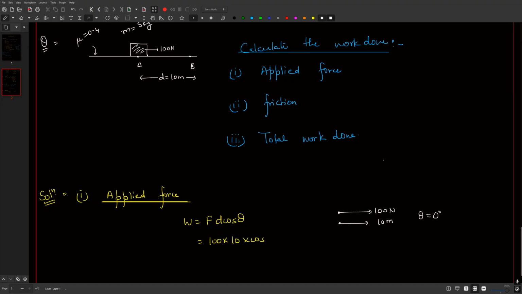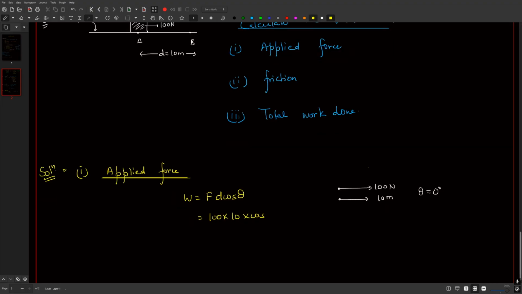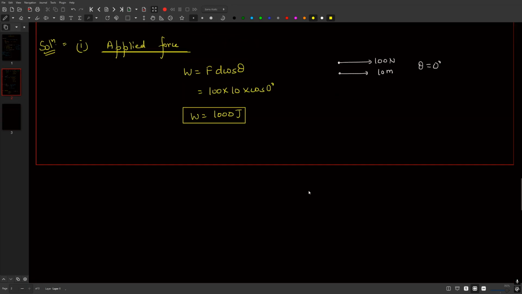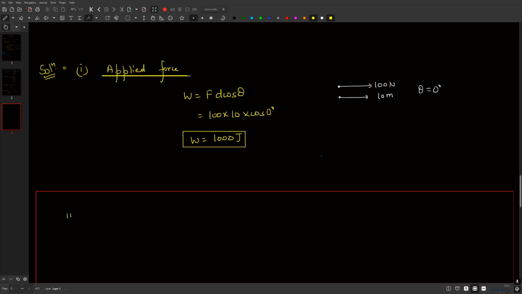So theta in this case is 0 degrees. So work done is going to be 1000 joules, something which we have already calculated before. Second, it is now asking to calculate the work done by friction.